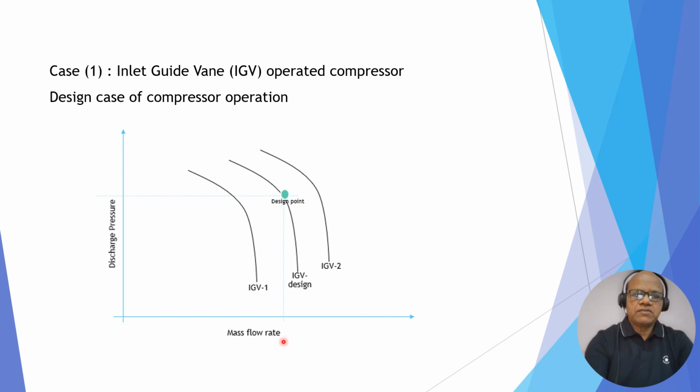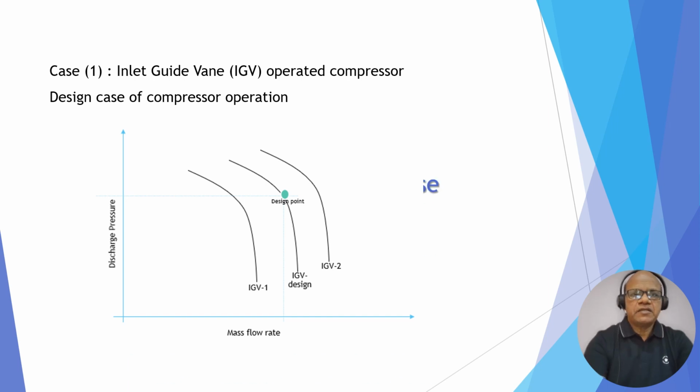X-axis is flow rate and y-axis is discharge pressure. We have shown three IGV positions: IGV1, IGV design, and IGV2. IGV design is the design point. See, machine is operating at this point with this much flow and this much pressure rise for IGV design position.